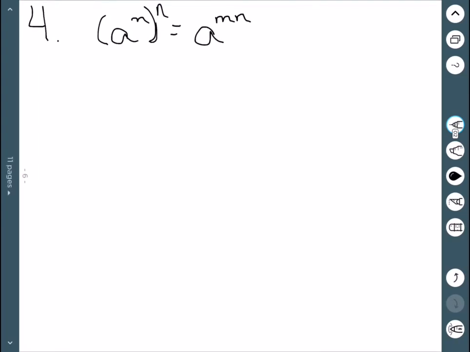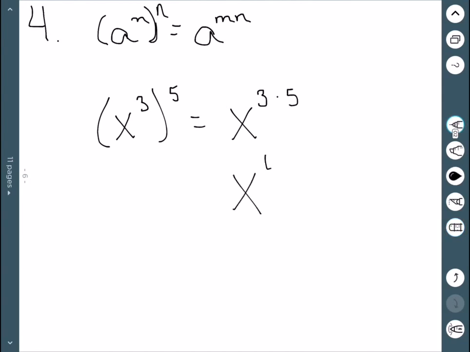Our fourth rule says if we raise an exponent to another exponent, then we multiply. For example, x cubed to the 5th would be x to the 3 times 5, which is 15.